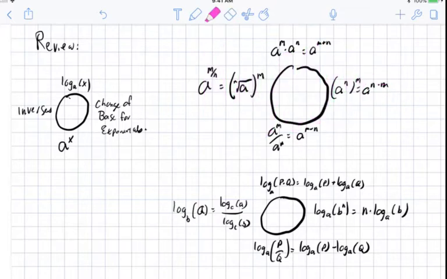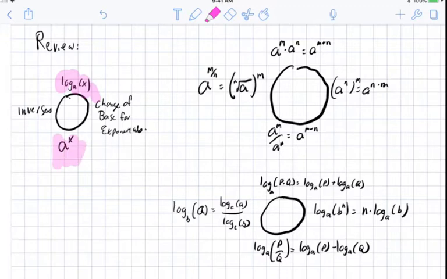I told you all about these, and you had to learn about them independently because it's important to be able to operate with logarithms independently of exponentials. They literally show up everywhere in science. But the story is that logarithms and exponentials are inverses of each other.